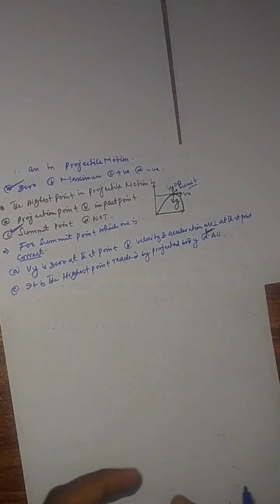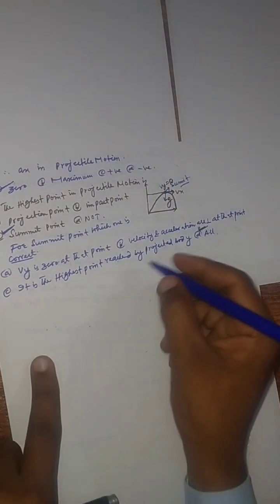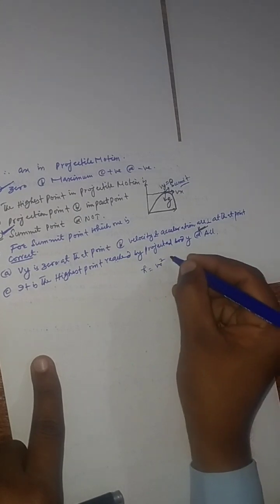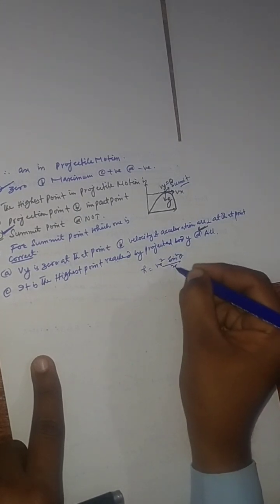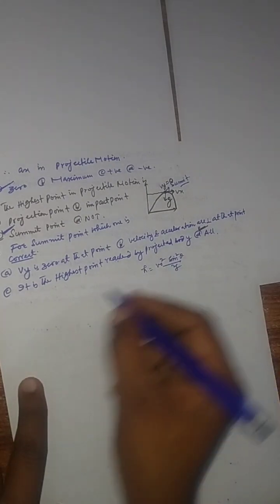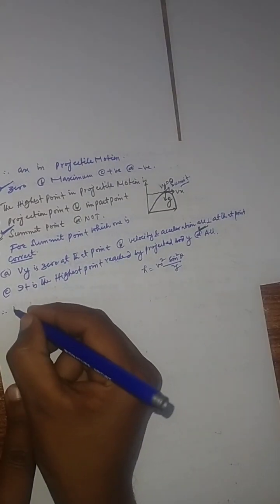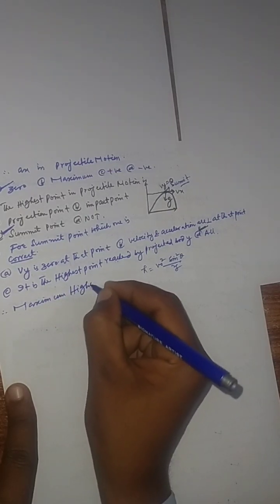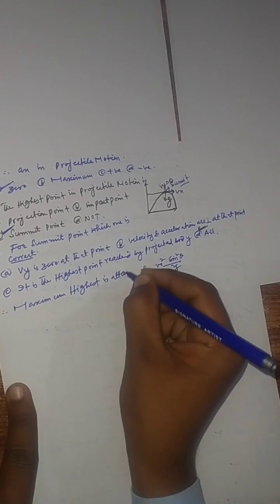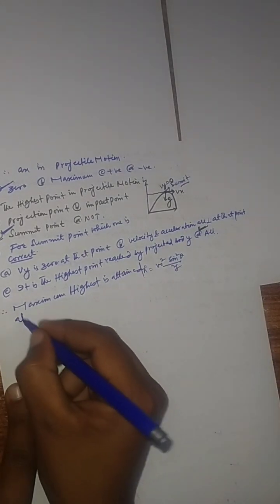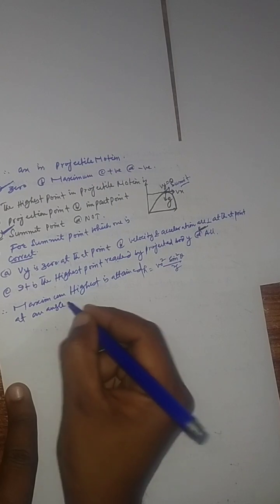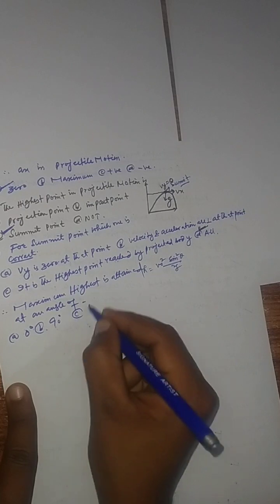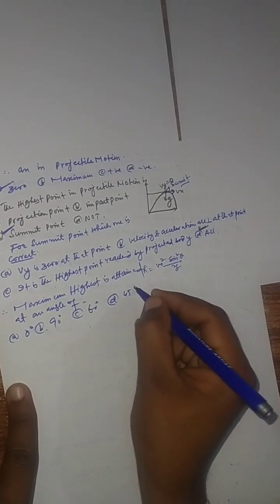Okay, and if we say that maximum height H equals v naught square sin square theta over 2g, maximum height is attained at an angle of, let's say, 0 degree, 90 degree, 60 degree or 45 degree.